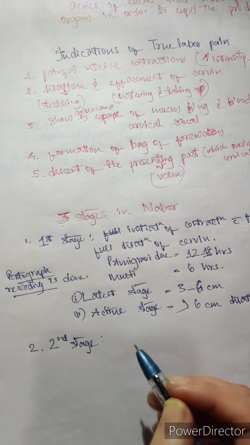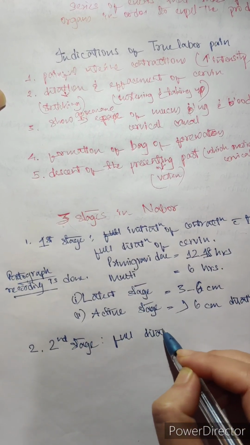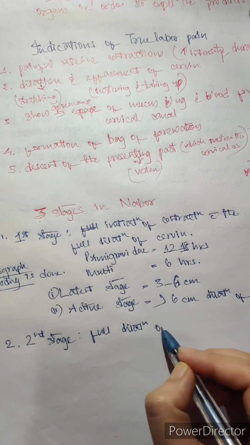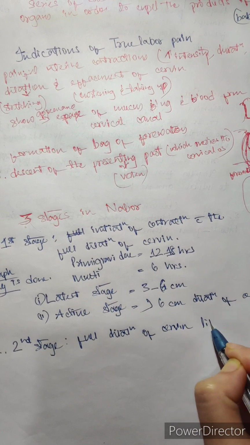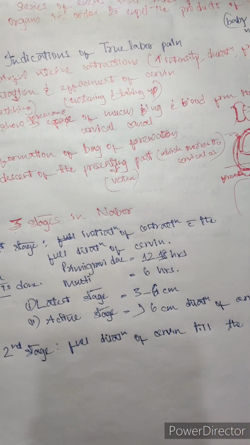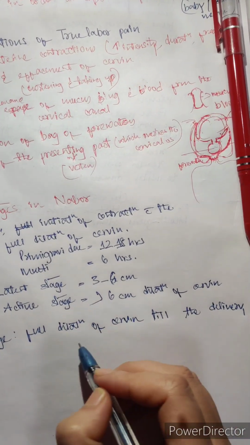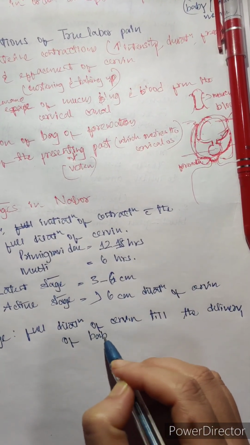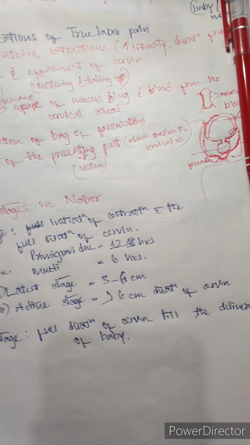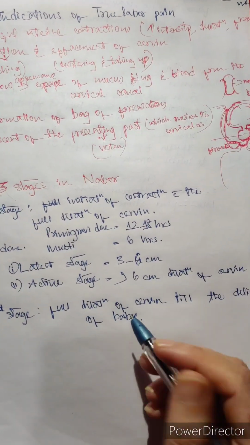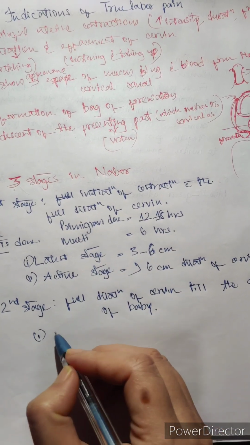Your second stage of labor starts from the full dilatation of cervix and ends with the delivery of the baby. It can be further divided into, first, the propulsive stage.